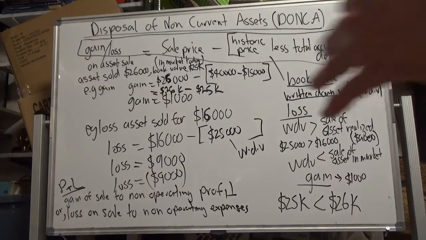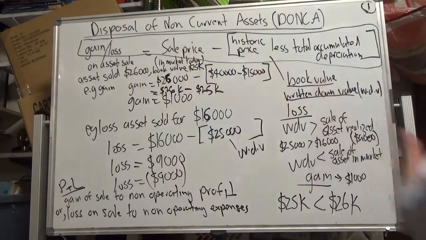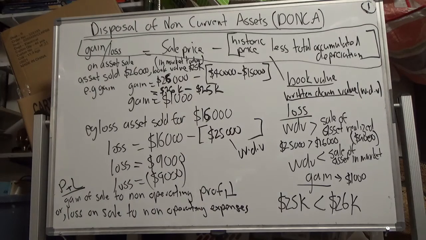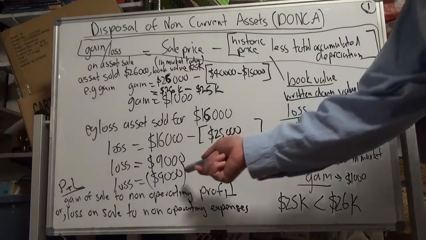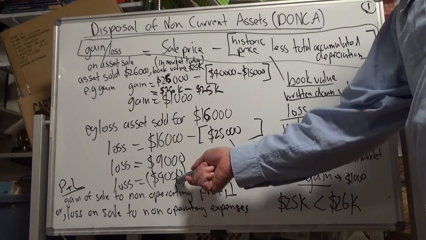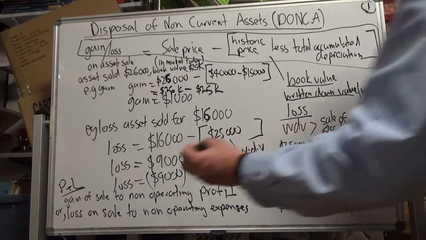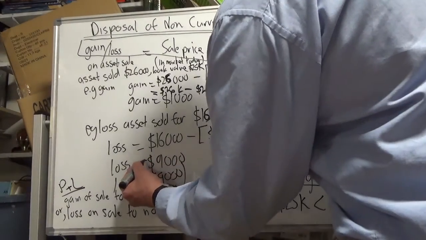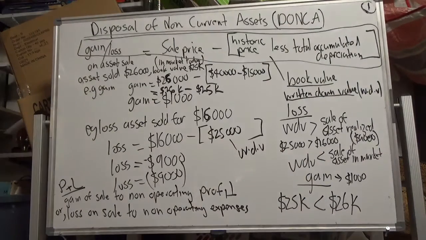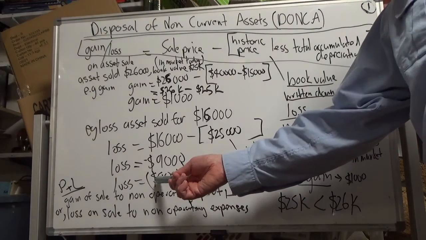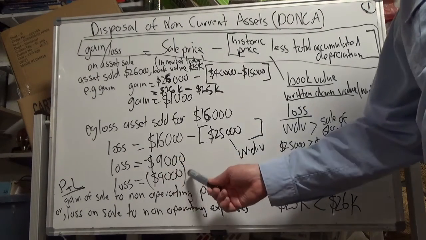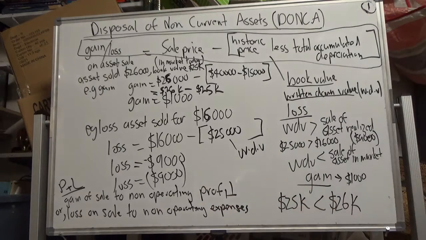The difference between the realised sale and the book value. And always write your negative figures in brackets. So I should have probably put a minus sign here, but in bookkeeping you put that loss in brackets. Any negative figures go in brackets in bookkeeping.